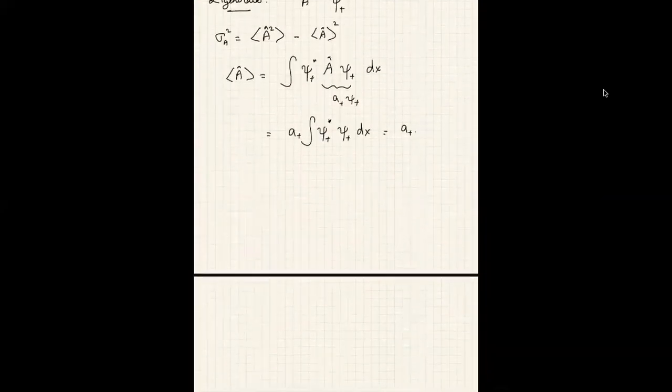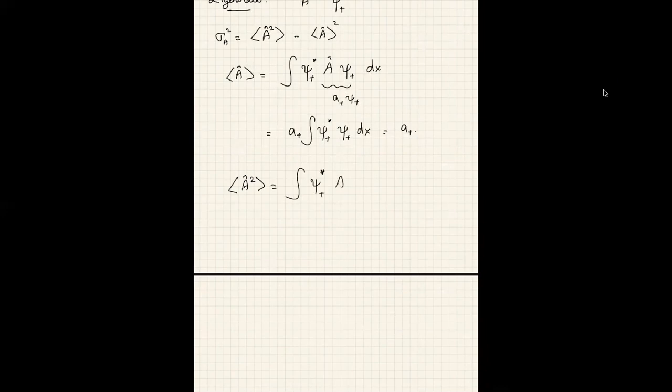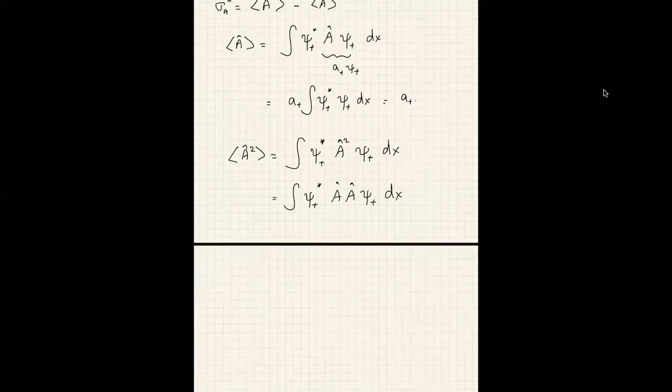Now let us calculate the average of A square. What is this? Again, sandwich the operator between psi star and psi. So the integral of psi plus star A square psi plus dx, which I can write as psi plus star A times A psi plus dx. I have to apply A twice to psi plus.